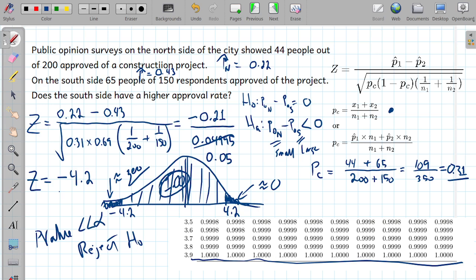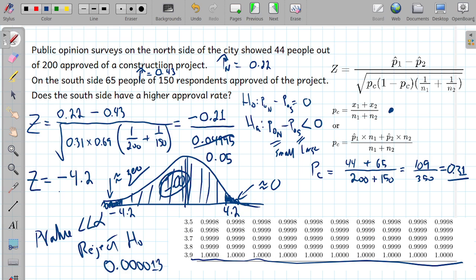Now, just for curiosity's sake, or conversation's sake, what is the p-value associated with negative 4.2? Well, if you're curious, the p-value is, how many zeros is there? There's 4 zeros, 1, 3. That's your p-value. Now remember, p-values can be interpreted as what if the null hypothesis is true, what's the chance of getting this result simply due to luck or random sampling variability?